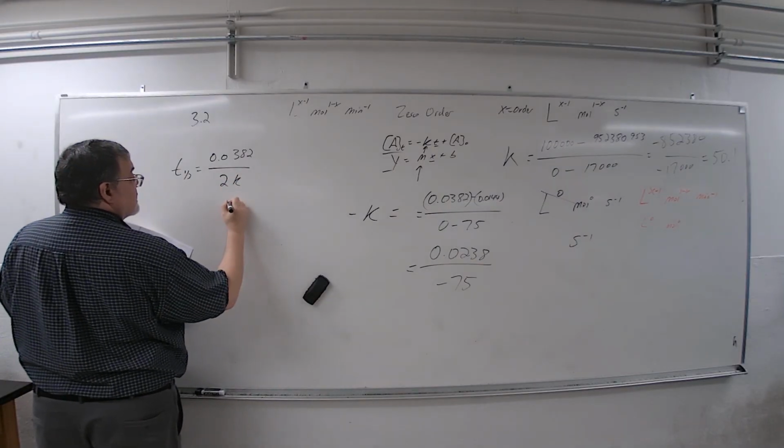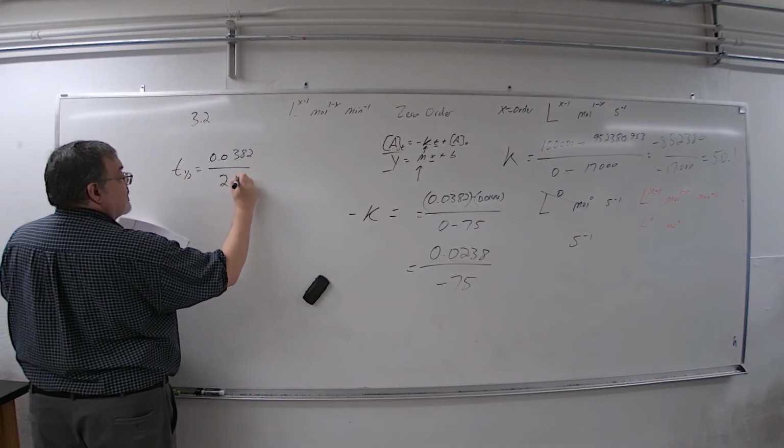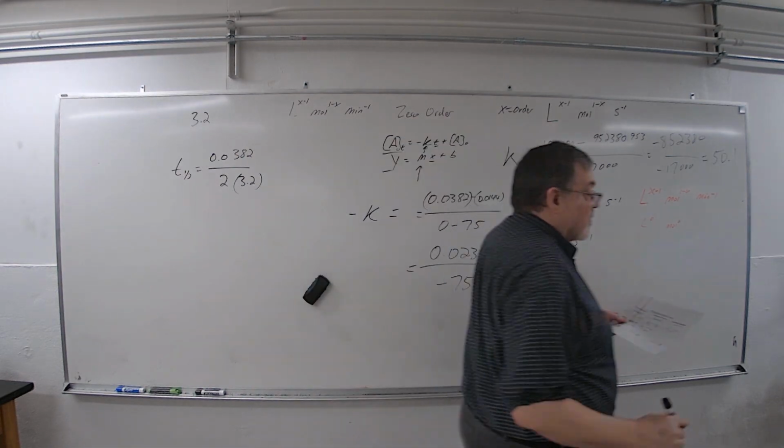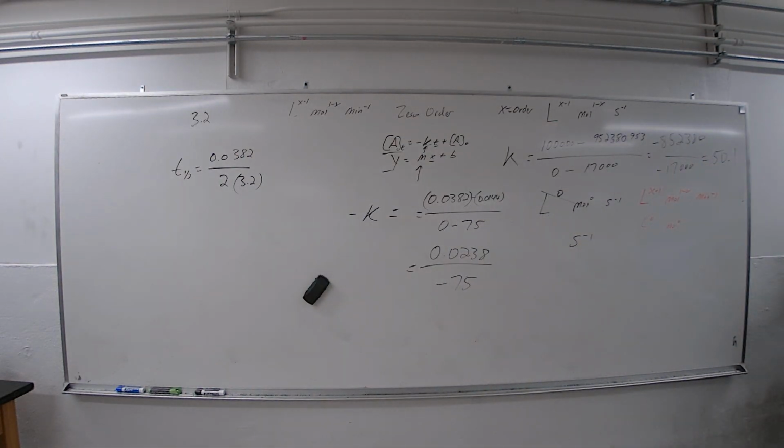We have 3.2, so k is 3.2. All right, and I bet I'm off by an order of magnitude here. So 0.32.